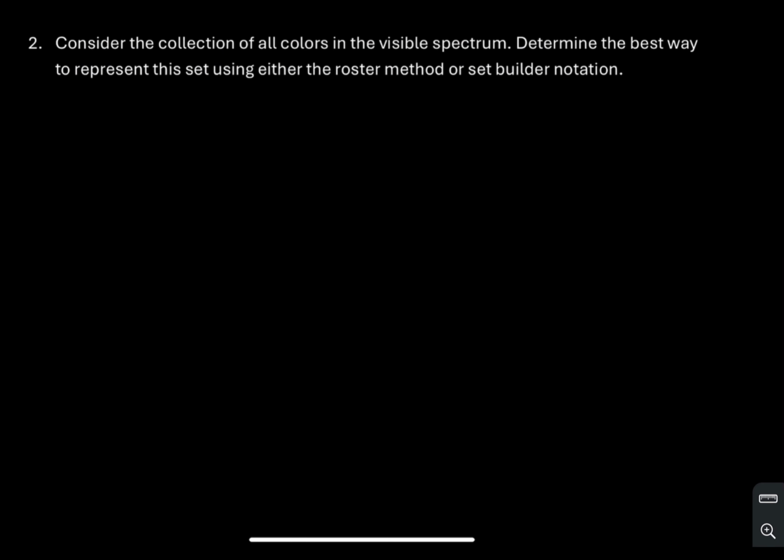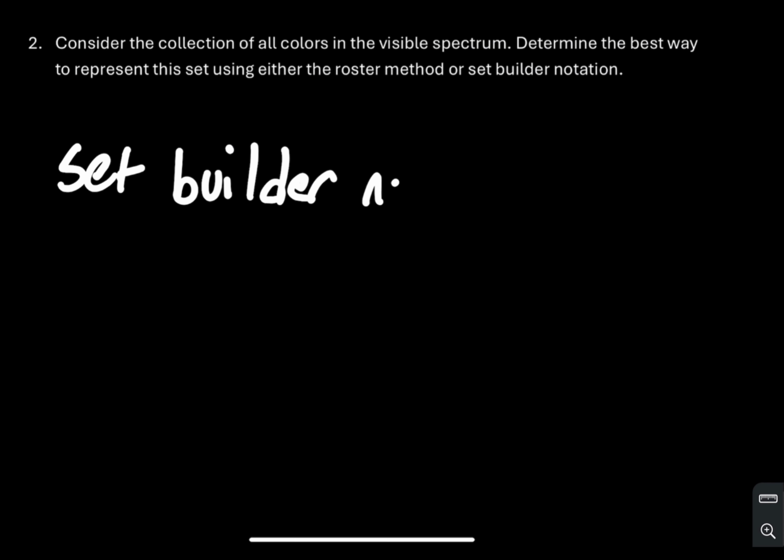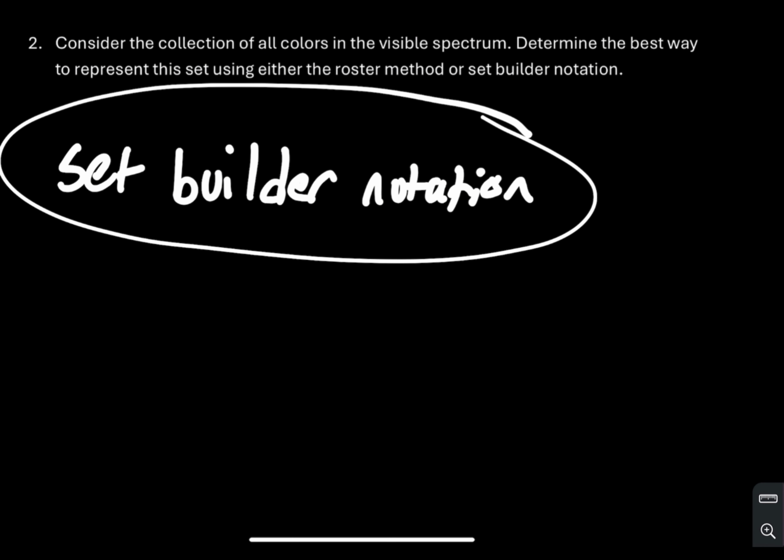So there is a huge amount of elements in our set. There's many colors we can see with our eyes. So since we have such a large amount of elements in our set, the best way to represent this set would be set builder notation. And that's going to be your answer.